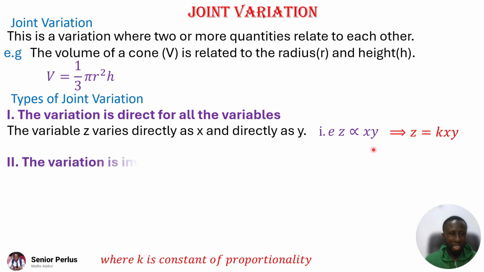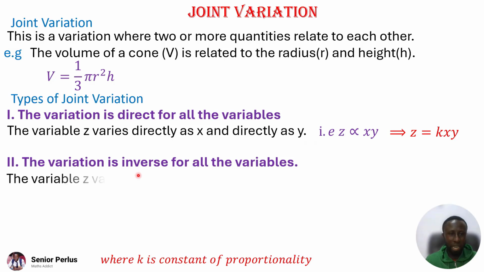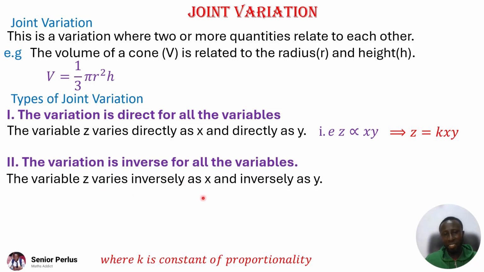My second type of joint variation is where the variation is inverse for all the variables. The first was direct for all of them, and this one is inverse for all the variables. So here is an example. The variable z varies inversely as s and inversely as y.